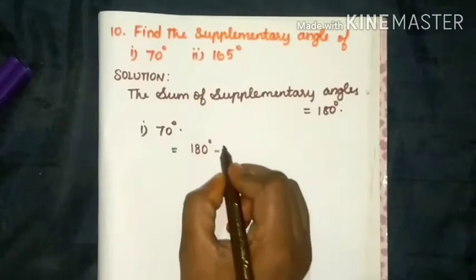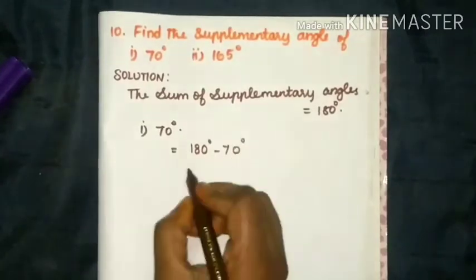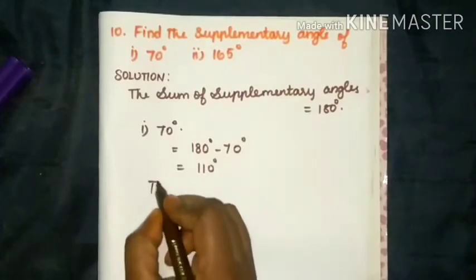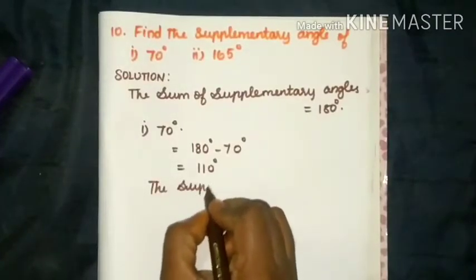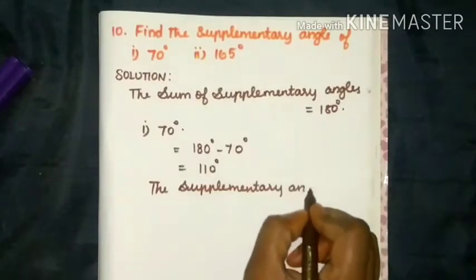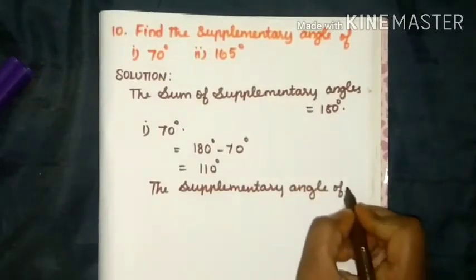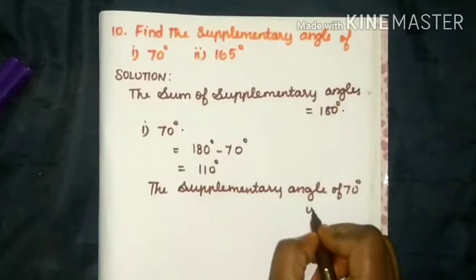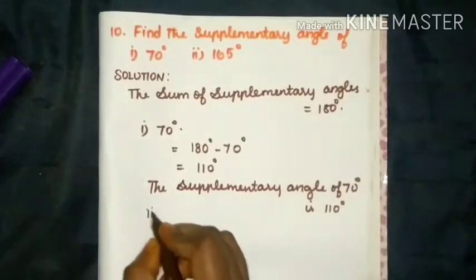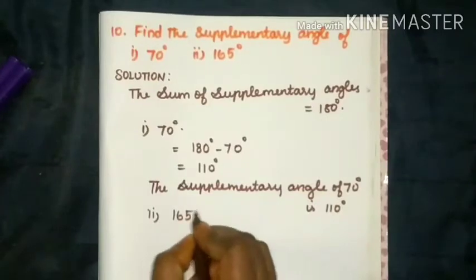180 degree minus 70 degree is 110 degree. The supplementary angle of 70 degree is 110 degree. Then the second one, 165 degree.